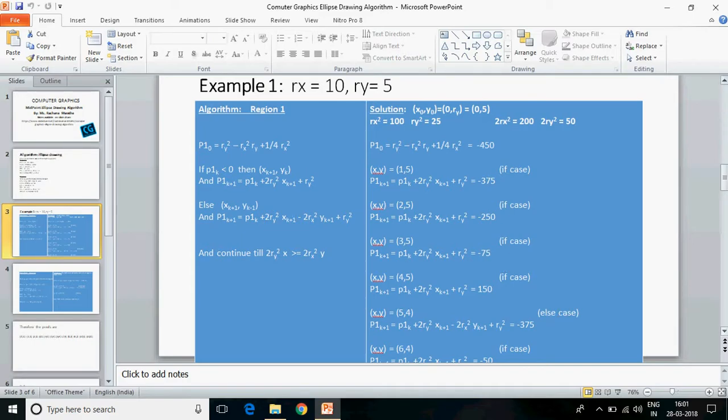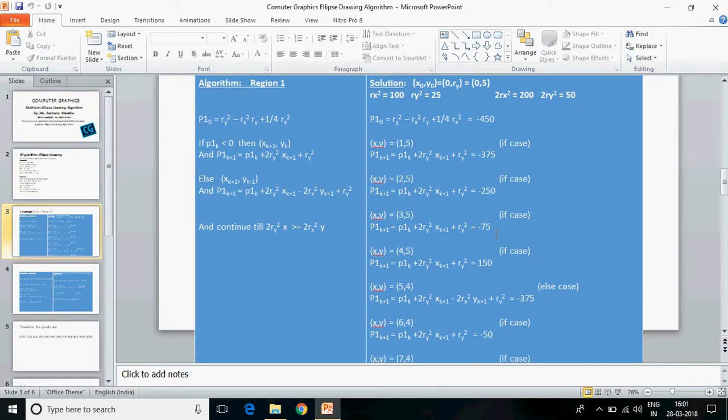After this, when we reach here, there is a condition where the decision parameter is 150, which is greater than 0. Therefore, it is the else part where xk plus 1, yk minus 1.